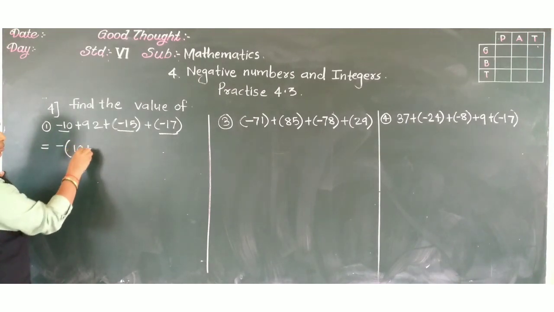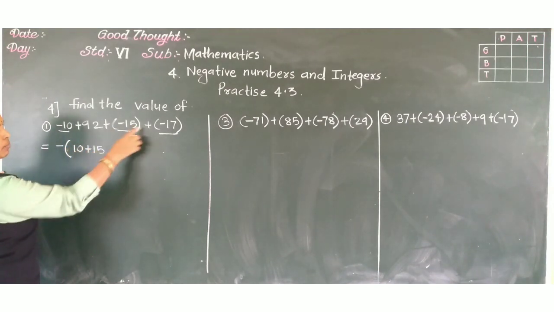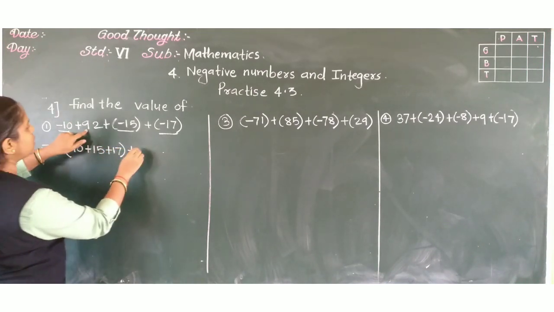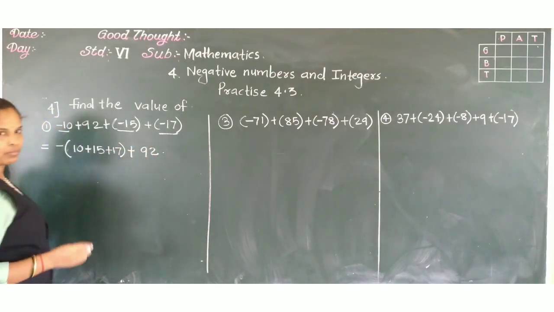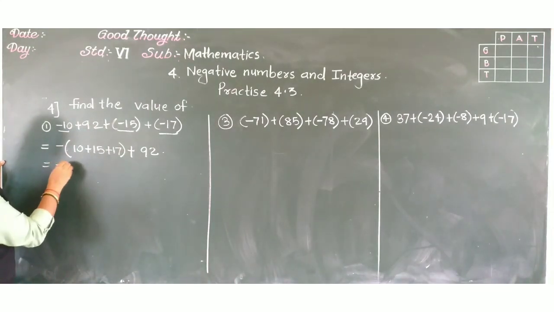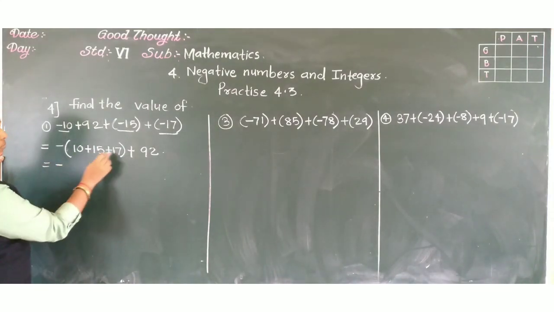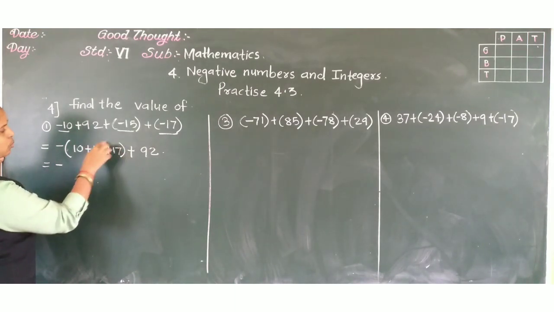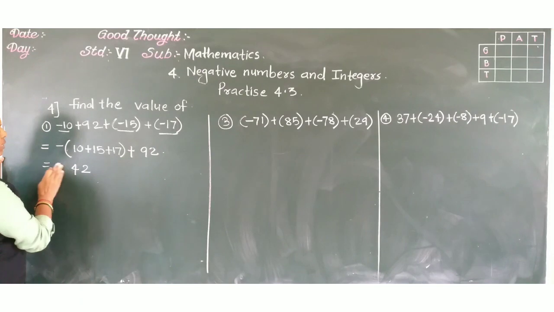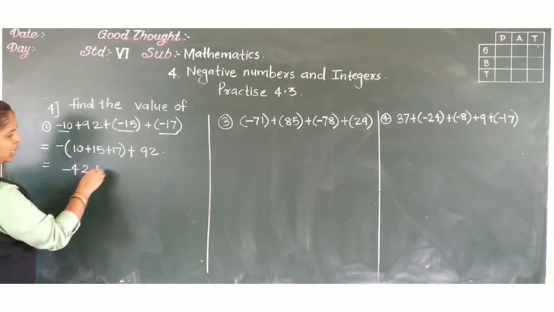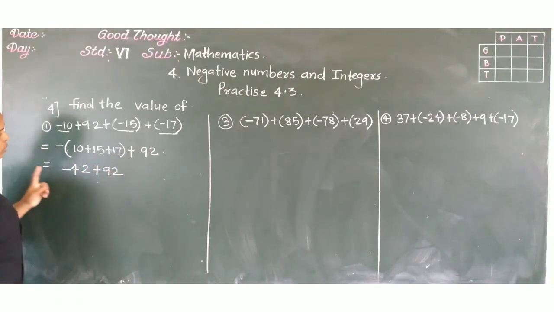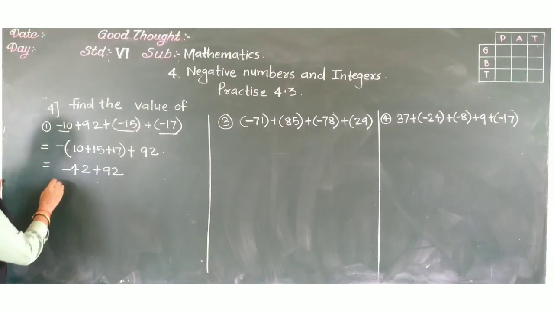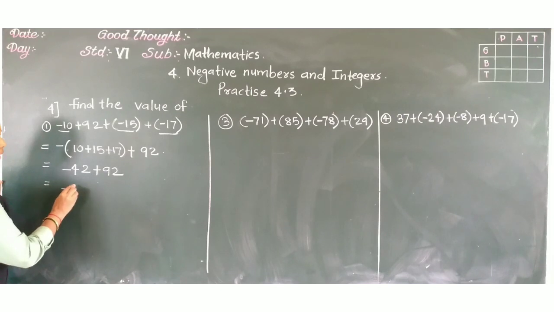Inside what? 10, I will add 15 plus 17, plus this 92 as it is. Okay, now minus: add this, 7 plus 5 is 12, carry 1, 1 plus 1 is 2, 3, 4. That is minus 42 plus 92. Now see again, both having different signs. So what we have to do? Take the absolute value.